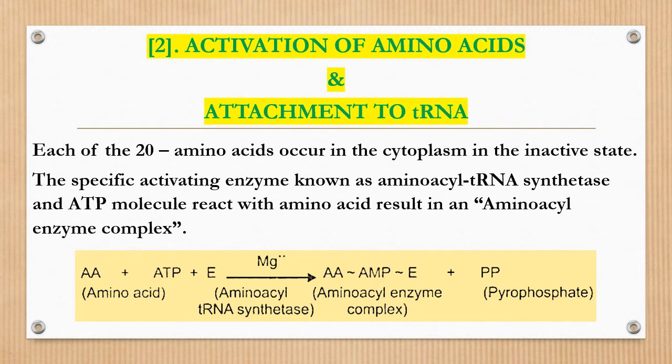Activation of amino acids and attachment to tRNA. So how is the amino acid activated? Each of the 20 amino acids occurs in the cytoplasm in the inactive state.